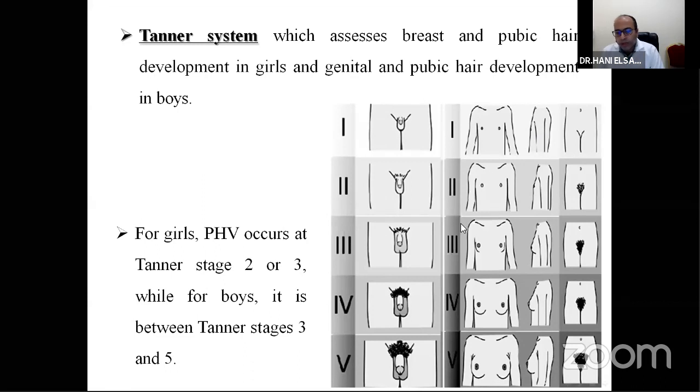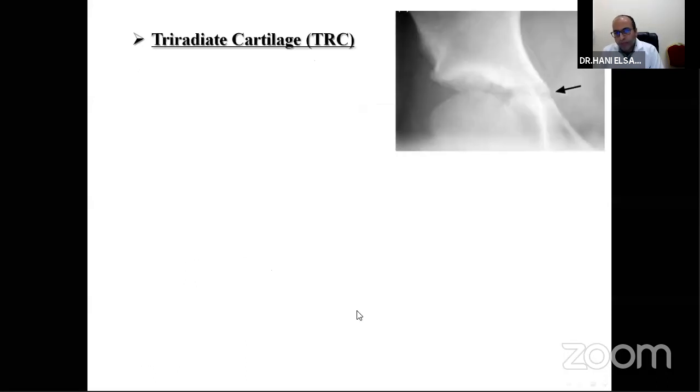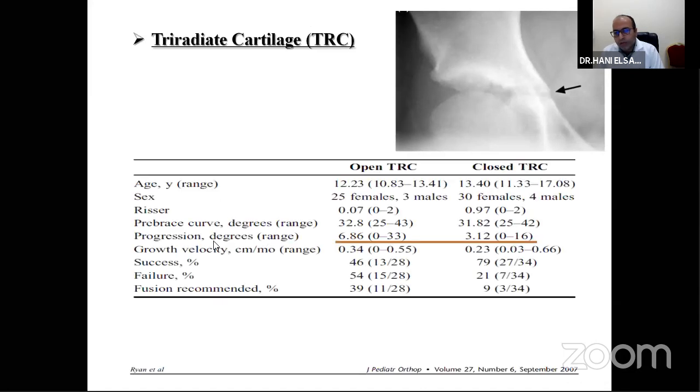While for boys, it occurs in stage 3 to 5. Another one is the triradiate cartilage. As we see in this table, progression is much more while the triradiate cartilage is still open, and it decreases when the triradiate cartilage closes.